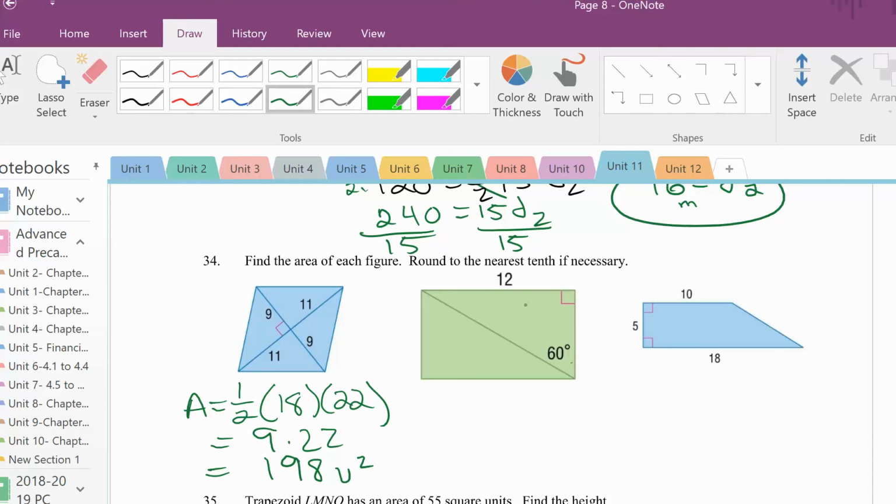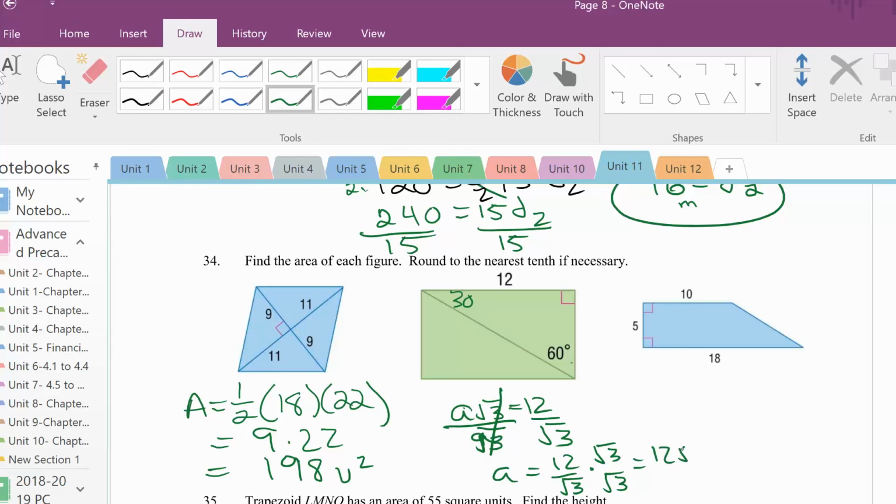All right, here it's a parallelogram, specifically a rectangle. So notice we have a 30, 60, 90 right triangle. So since this is 12, we know that the other side, we know that a rad 3 is equal to 12. Divide by rad 3. And it's 12 divided by rad 3. So then you got to rationalize.